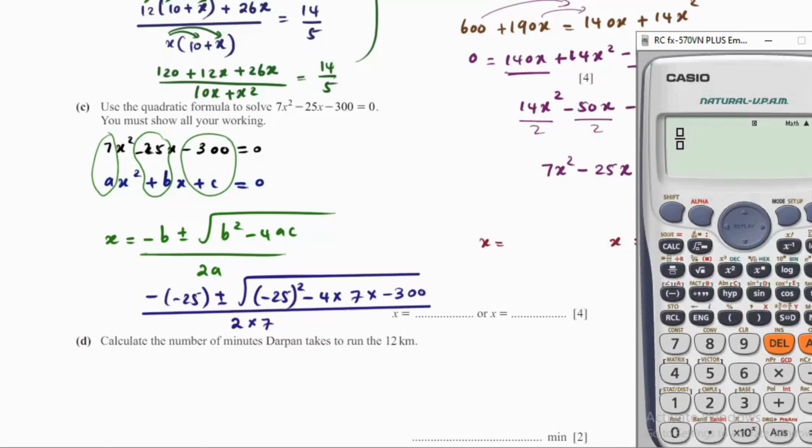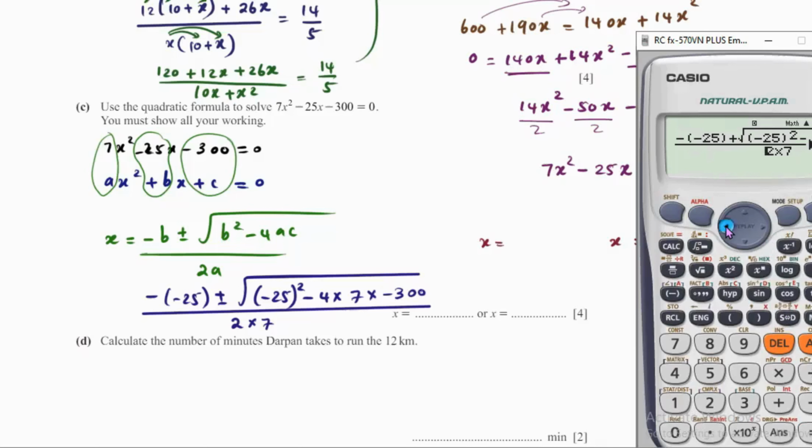So I'm going to put the fraction minus 25, close the bracket, plus the square root, open the bracket, minus 25 squared minus 4 times 7 times minus 300, and in the denominator, 2 times 7. When I do that, I get 8.571 as the answer.